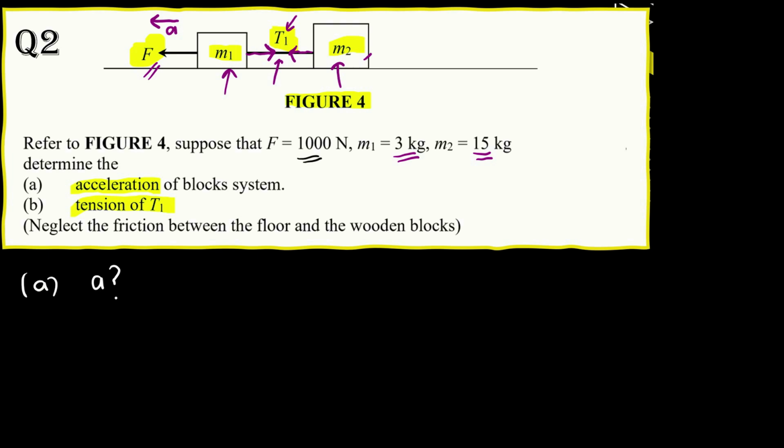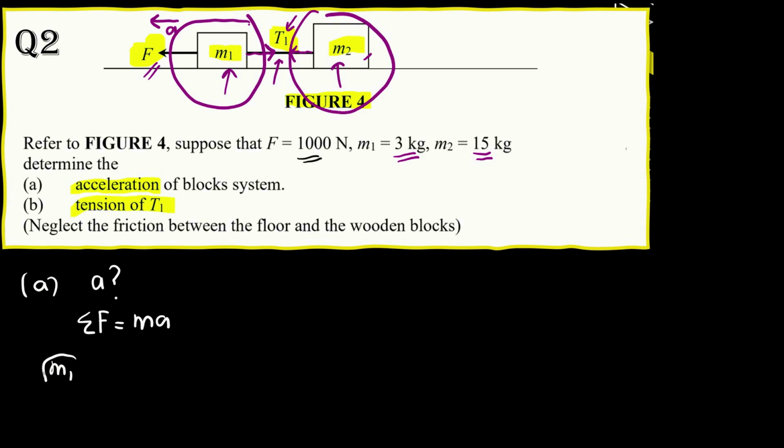To find the acceleration, we apply the equation of summation of force is equal to ma. For this kind of question, we focus on the blocks separately. We start with M1. The forces acting on M1 are only the external force and T1.